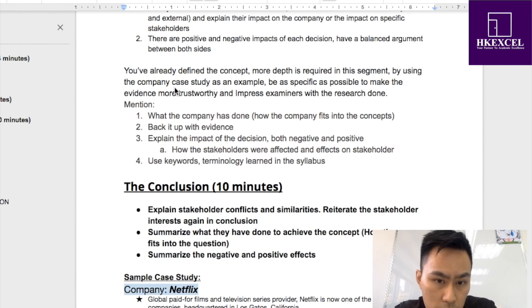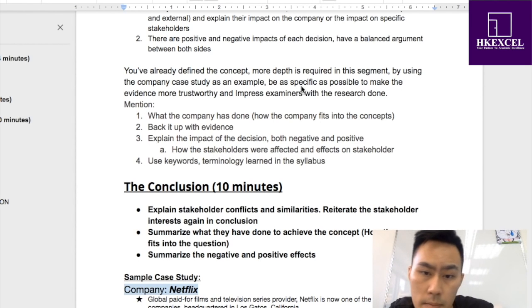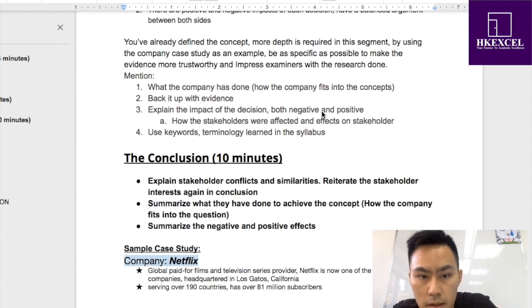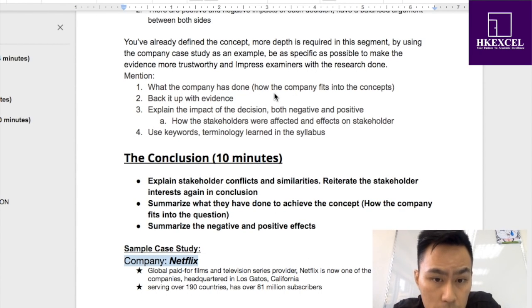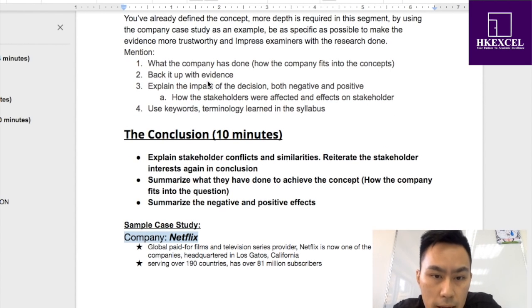Okay, so if you have already defined the concept, more depth is required in this segment. By using the company case study as an example, be as specific as possible to make the evidence more trustworthy and impress the examiner with the research done. For example, mention what the company has done and how the company fits the concept, right? Like how the company's operation fits the globalization concept, yeah, and back it up with evidence.